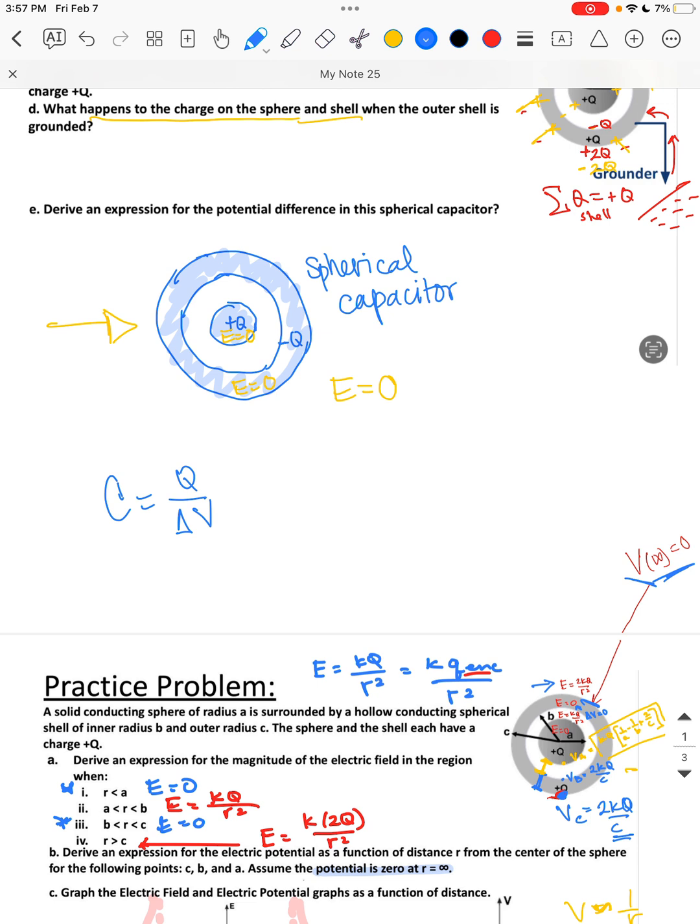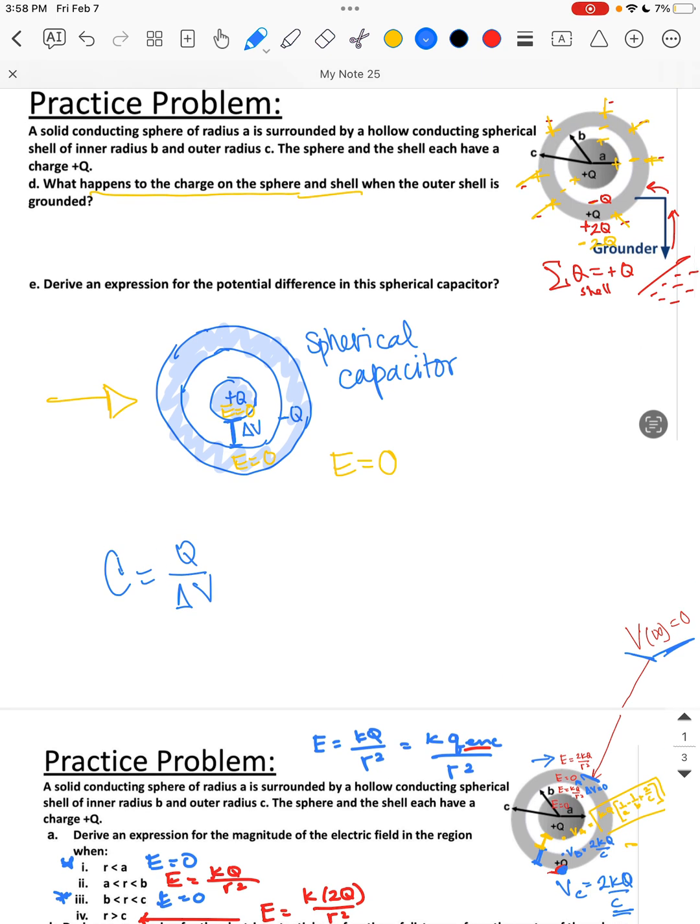And in order to solve spherical capacitor problems, we would have to calculate what this potential is here. Well, if I keep the same distance values as the other problems, then I can solve for the change in potential by going from the potential at B minus the potential at A, taking the negative integral of that electric field from A to B, and then I can solve.